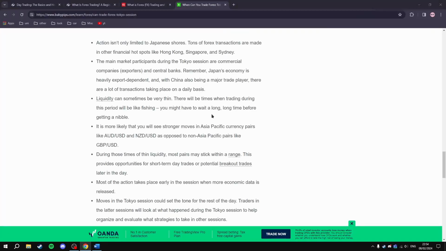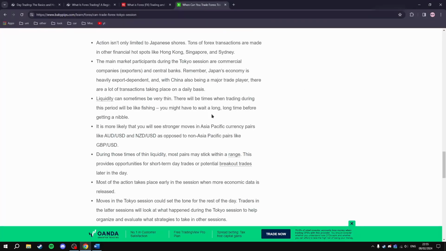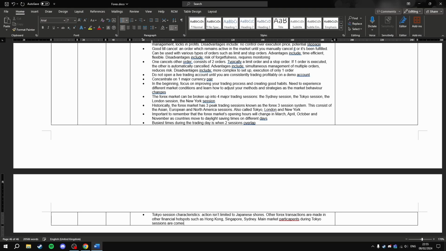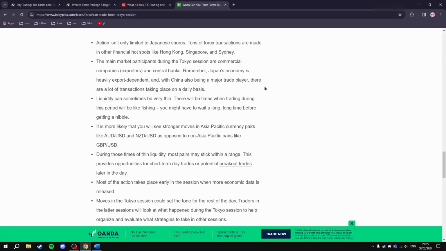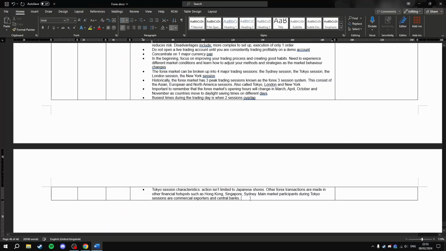Remember, Japan's economy is heavily export dependent.